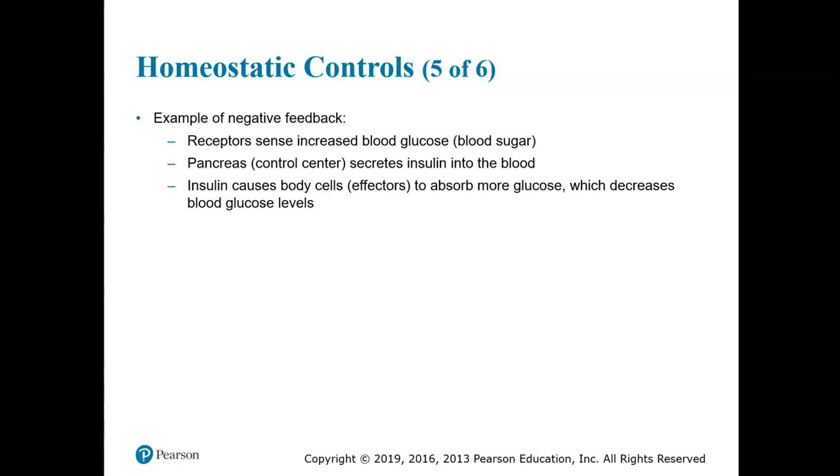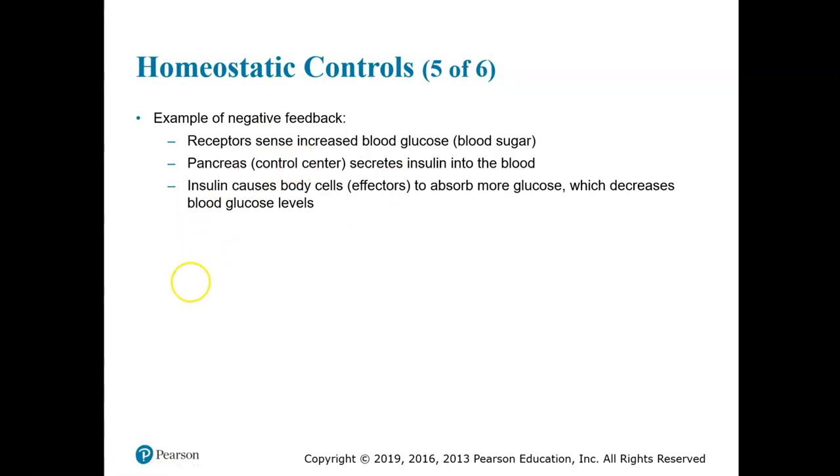So in the case of the variable of blood glucose, the receptor will sense the increased level of blood glucose. The control center in this case is not the brain, it is not the nervous system, it is the endocrine system, and specifically it is the pancreas. And the pancreas will secrete insulin into the blood.